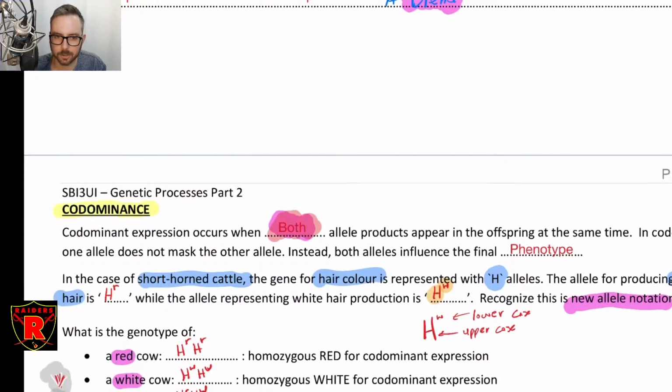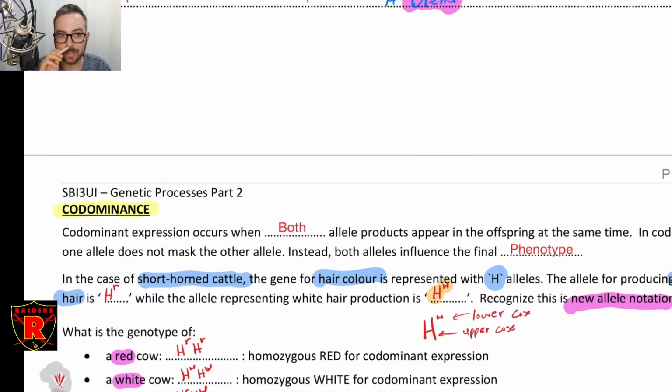Okay, so another type of relationship in genetics is called codominance. And at first glance, this looks exactly the same as incomplete dominance. In fact, I would say students have a great deal of difficulty telling these two apart. But the key is that there are still three phenotypes, okay?